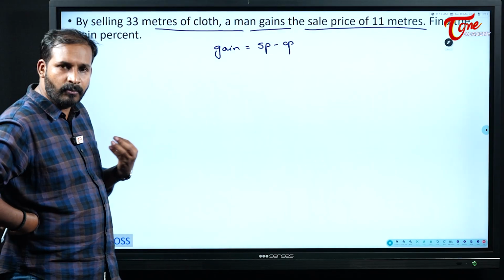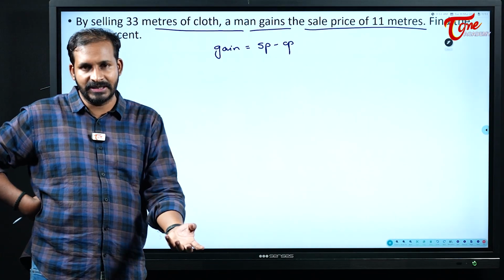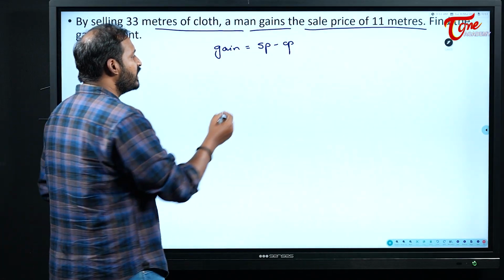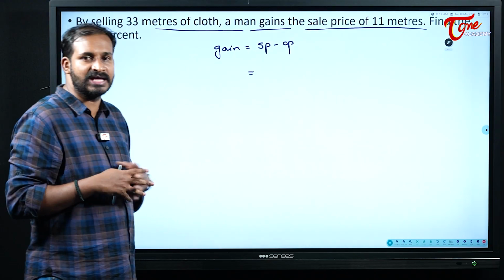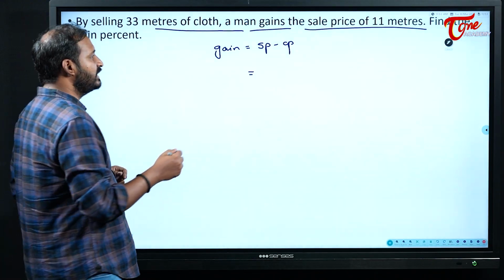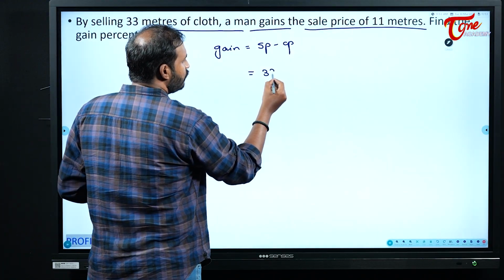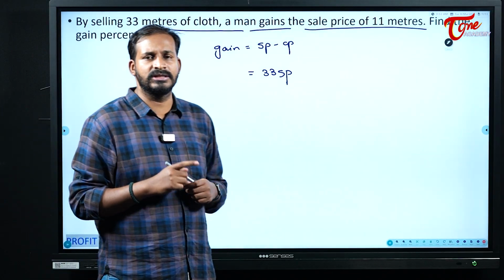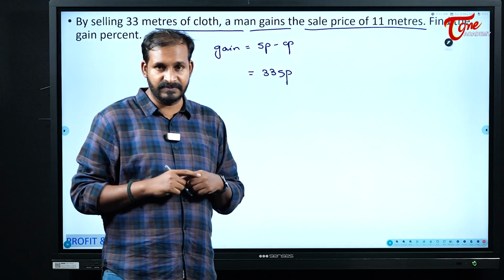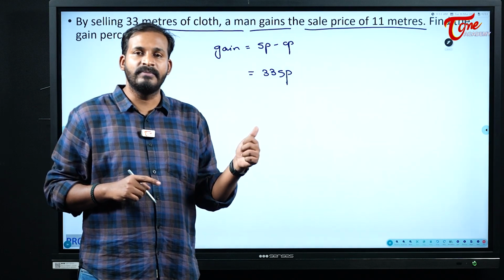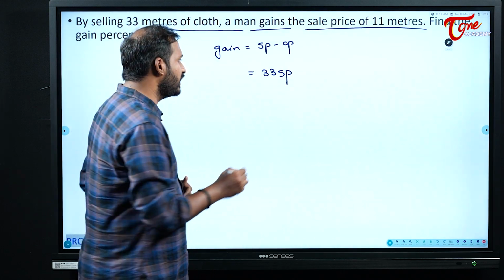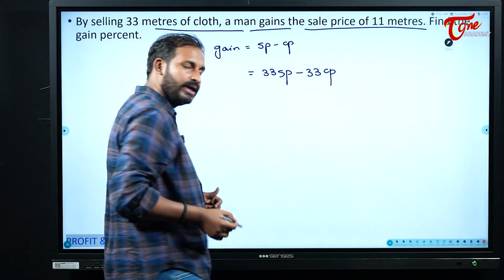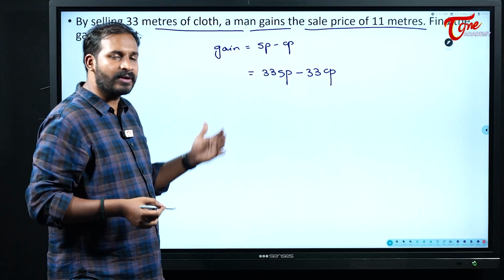So the same concept. I will assume that 1 meter cloth's selling price is SP and 1 meter's cost price is CP only. So 33 SP minus 33 CP. Then only you can decide profit or loss.